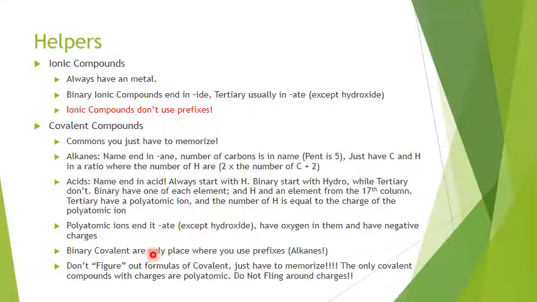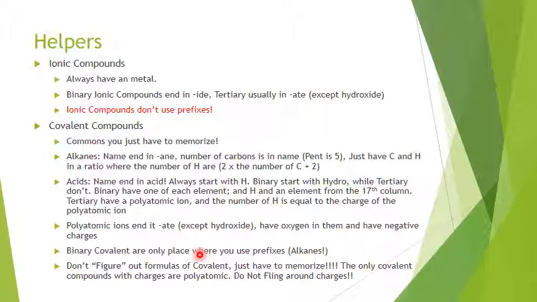Binary covalents are the only ones that use prefixes. Well, alkanes do too, I guess, but these ones you'll be using them all over the place. Di, tri, and so you're going to have to memorize the prefixes: mono, di, tri, tetra, penta, hexa, hepta, octa, nona, and deca.